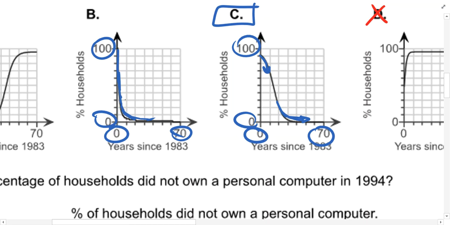Because it's an immediate drop, we might assume that this is an exponential decay equation, or if this is truly a graph of a logistic function, we just might not see the downward turn that we're used to for the logistic behavior. It's off the screen. In either case, however, I think C would be the better choice.